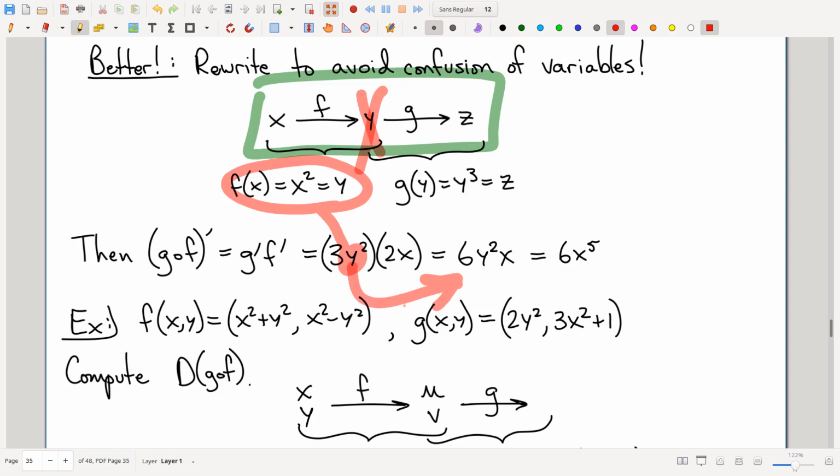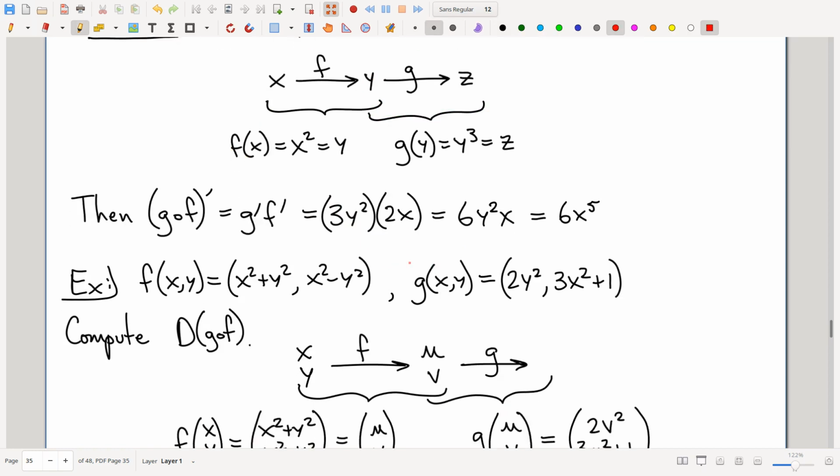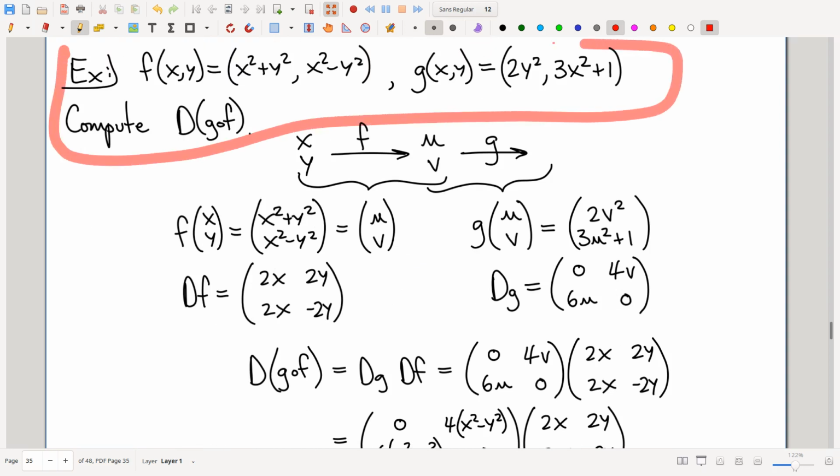All right, so that's all single variable calculus. You all know single variable calculus. But let's take this idea of confusion of variables and revisit the question when we're talking about a multivariable composition derivative. Right here, I'm composing two functions. Want to find now the derivative matrix. There's nothing wrong with writing f like this. There's nothing wrong with writing g like this until I decide that I want to compose them.